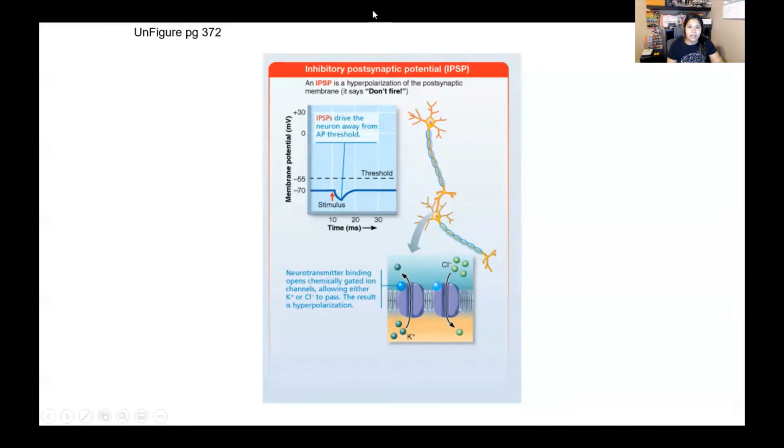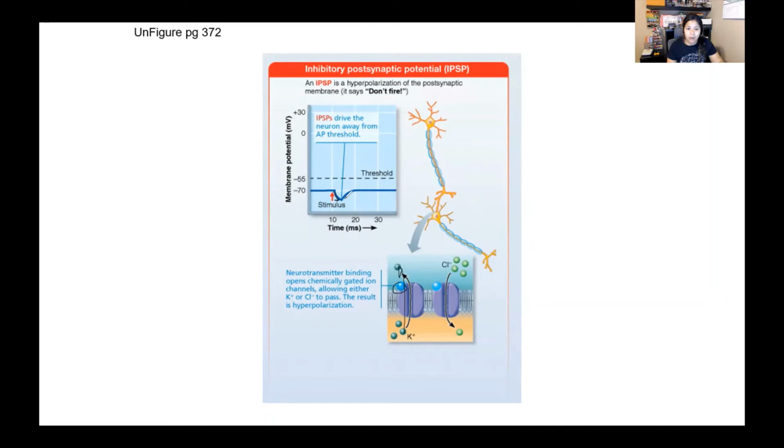So with IPSPs, what happens in this situation is you have a neurotransmitter bind, but that's not going to allow sodium in. What it's going to do in the case of IPSPs is that you have potassium leaving. So if you have positive ions leaving, that's going to make your cell more negative. So these IPSPs actually lower the membrane potential, make it more negative, so that makes it less likely that you're going to fire an action potential.